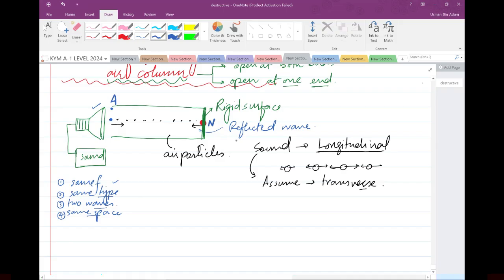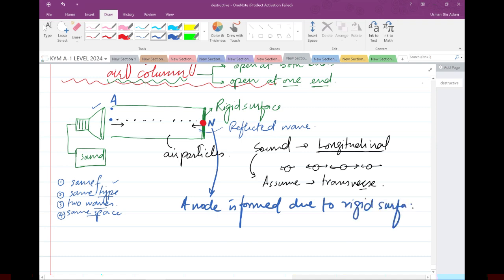I'm going to explain why a node is formed here. A node is formed due to a rigid surface. Due to the rigid surface, the particle cannot vibrate back and forth.